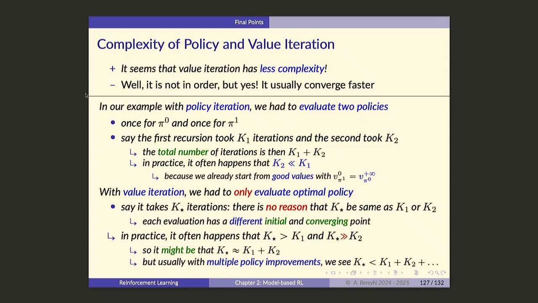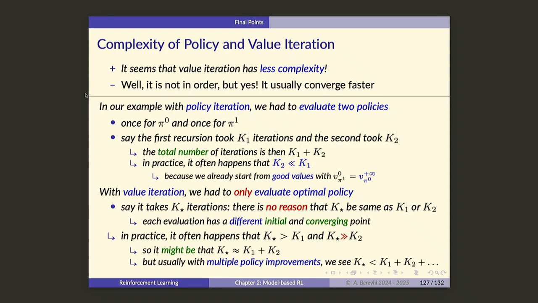It could happen, right? But if you think about a generic MDP, and about doing enough iterations for every policy evaluation, then typically k star is a bit smaller than the summation of those iterations you do within policy iteration, okay?